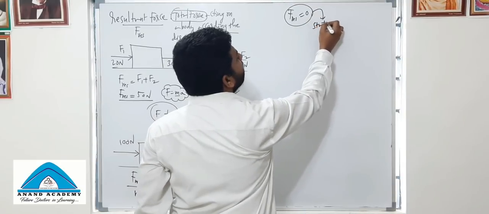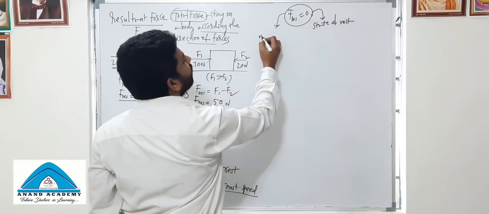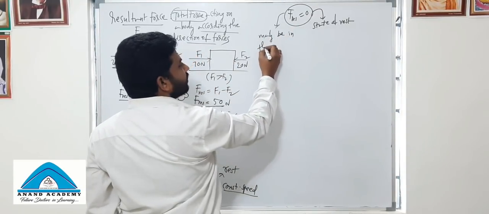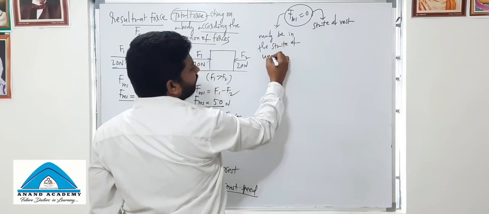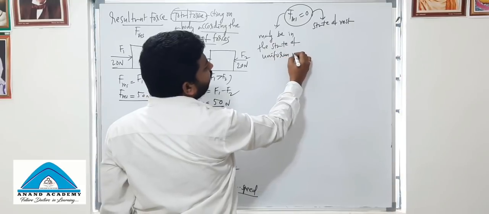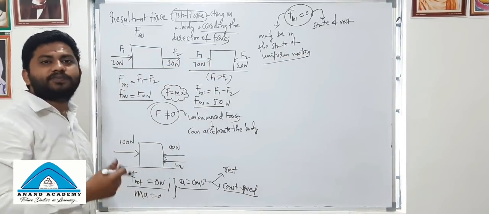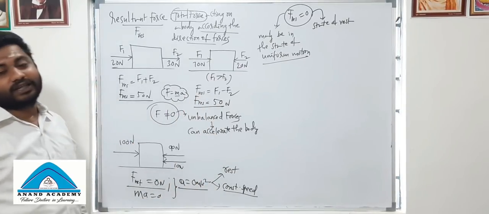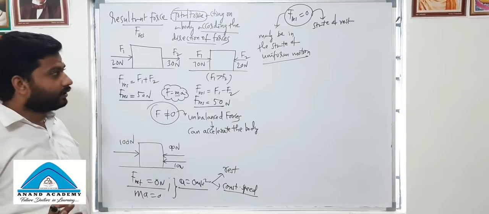The body may be in the state of rest, or the body may be in the state of uniform motion. So both are possible. Uniform motion means what? Constant speed. Constant speed means acceleration is 0. So a very, very important point is this one. Right?